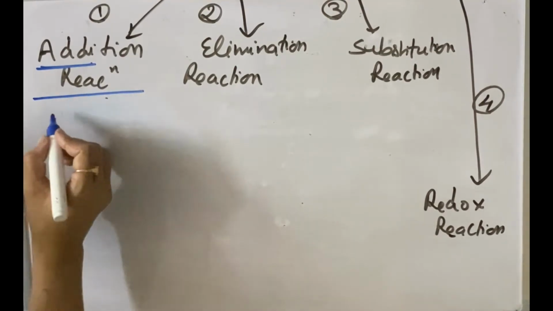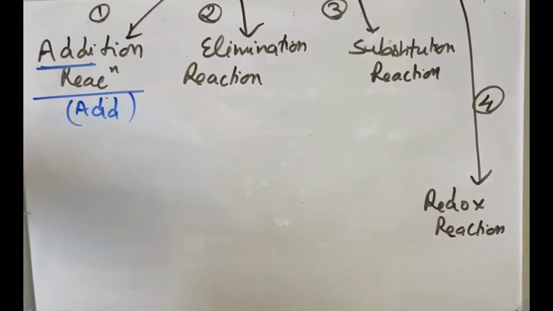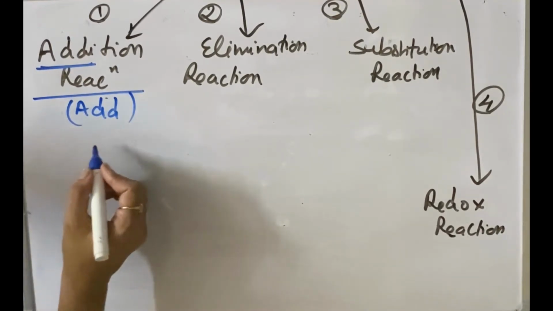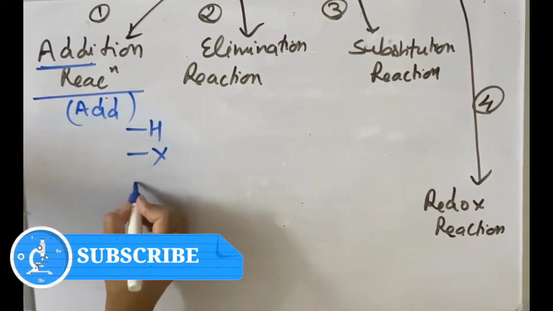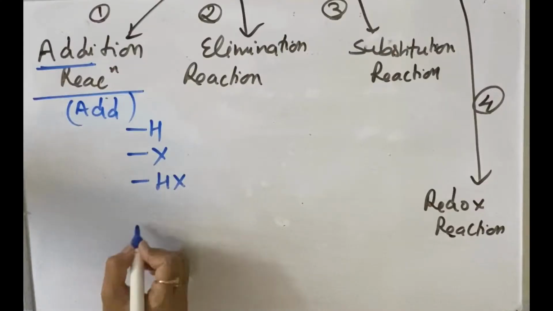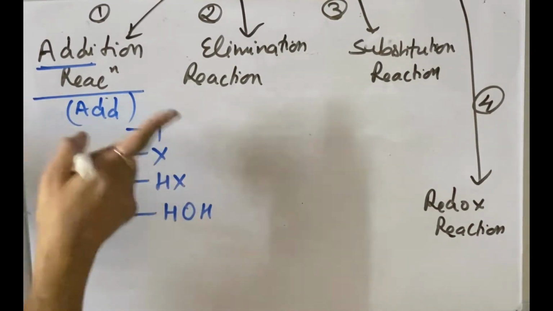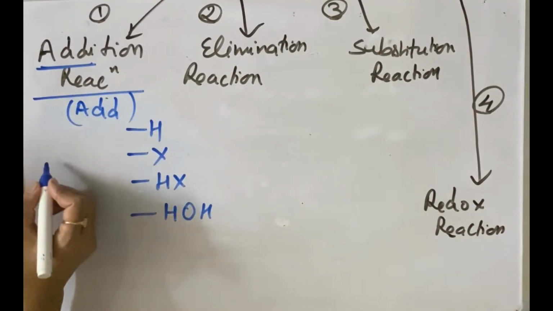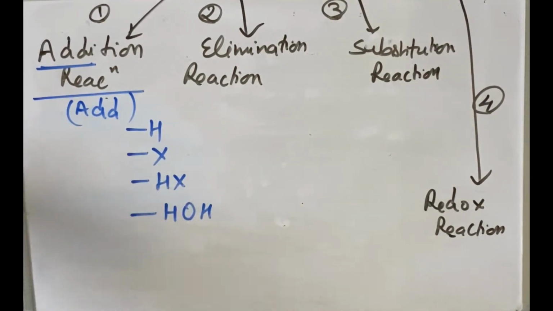Addition reaction. As this term says addition, it means something is going to be added. What can be added? Hydrogen can be added, halogens can be added, hydrohalogens can be added, or water can be added. As we are talking about organic chemistry, the addition is going to happen where the carbon-carbon bond can be broken easily.